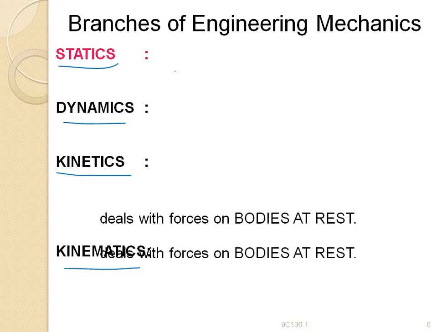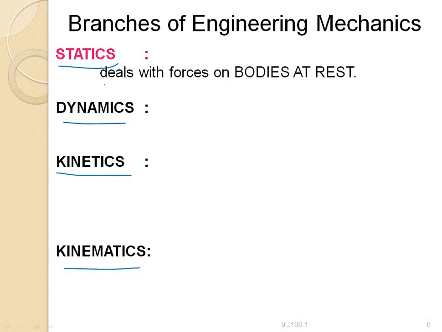So what is statics? It deals with forces on bodies at rest. That means, suppose a bar is there.